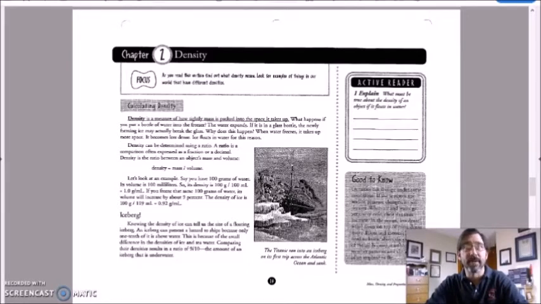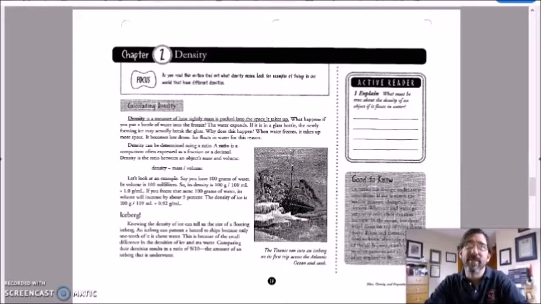The water expands. If it is in a glass bottle, the newly formed ice may actually break the glass. Why does this happen? When the water freezes, it takes up more space. It becomes less dense. Ice floats in water for this reason.